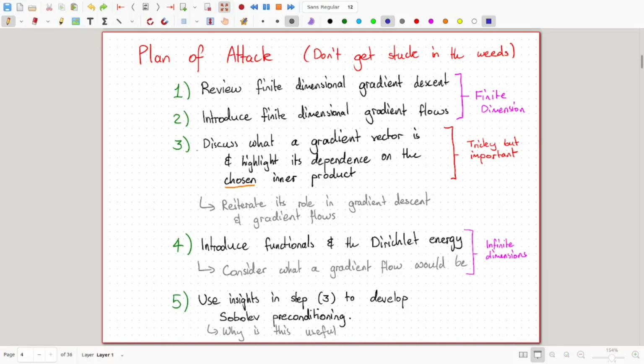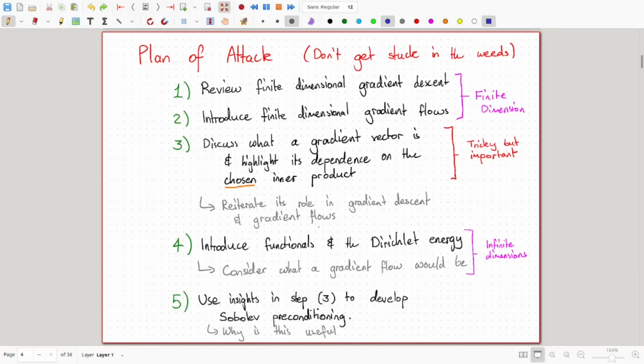Next, I'm going to really discuss what a gradient vector is. And this is a bit more tricky because there is a new definition for a gradient that I'm going to introduce, which is going to become important in the later sections. Then I'm going to introduce what functionals are, and at this point I'm going to introduce the Dirichlet energy.